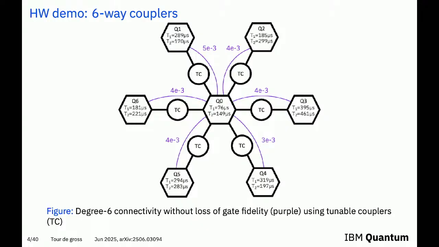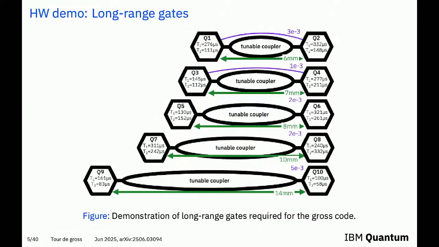The first demo shows that indeed we can build a small device with a couple of qubits that has degree 6 connectivity and also has good gate fidelity, so we don't lose much gate fidelity. The second is that we can actually implement these long-range interactions.